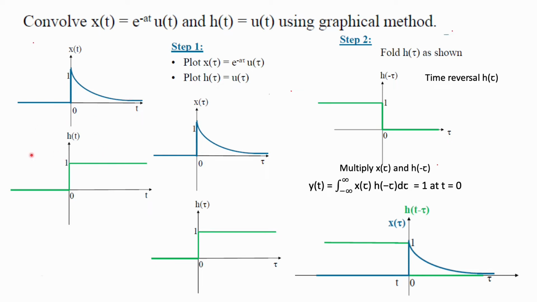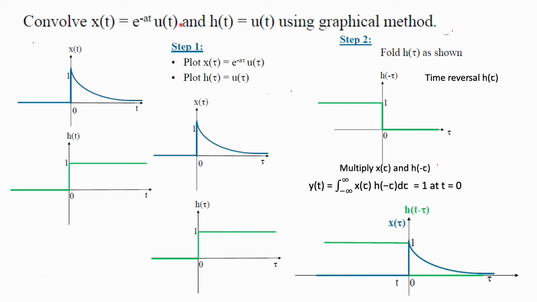Now you take the second signal, h of t is u of t. So draw the unit step signal. So this is for the given mathematical representation. First we draw the graphical representation for the given signal. Now we can see step 1. So the step 1 is nothing but replace t in the given signal by tau, or plot x of tau, plot h of tau.